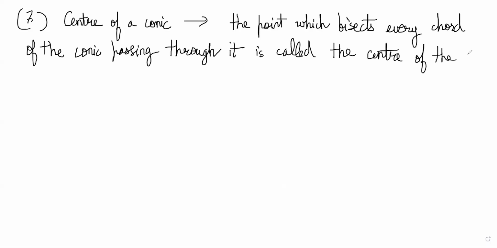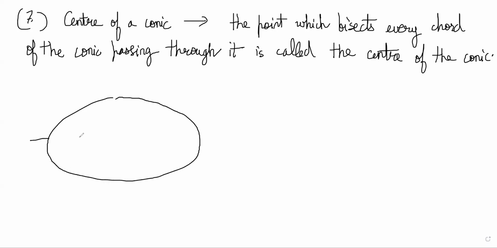So what is the meaning of this definition? The center of a conic is a special point such that any chord of the conic that passes through the center will always have the center as the midpoint.